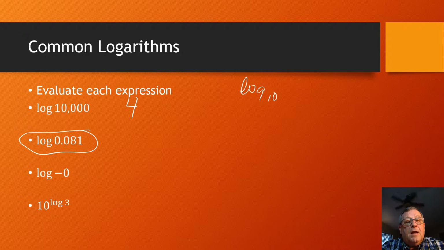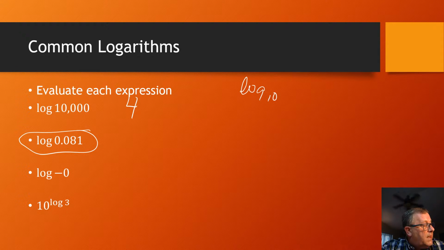Now, like I said, this common log of 0.081, I'm going to jump over to the calculator and do that. How about the log of negative 0? The common log of negative 0. Well, I don't even know what negative 0 is. I mean, 0 is neutral, right?